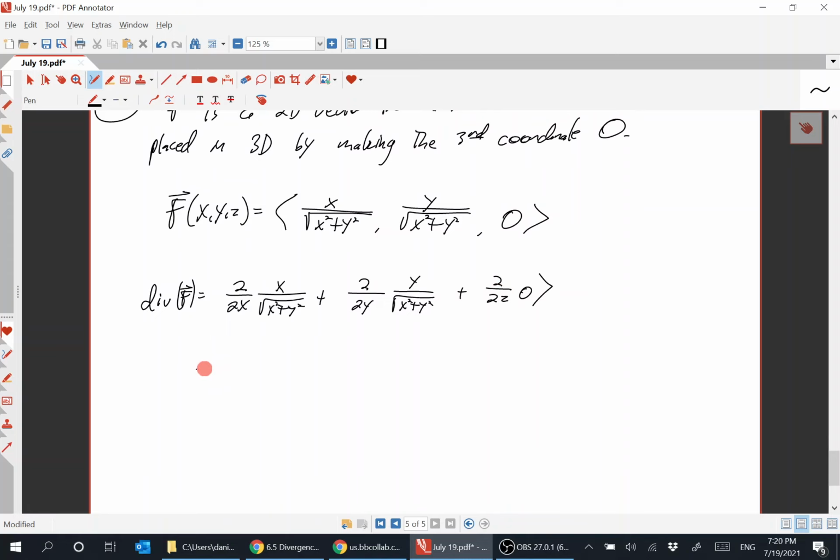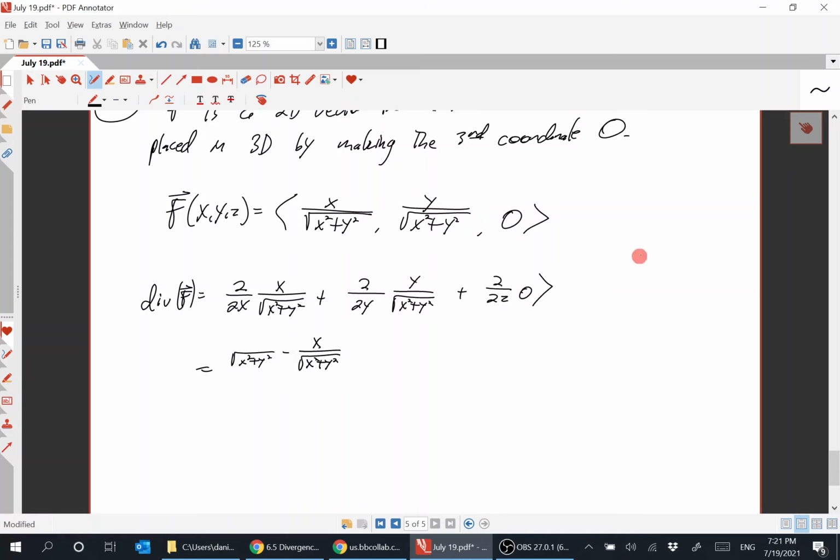Right, so I guess we might as well use the quotient rule here. So it's the derivative of the top times the bottom minus the derivative of the bottom times the top. So the derivative of the bottom is x over square root x squared plus y squared.